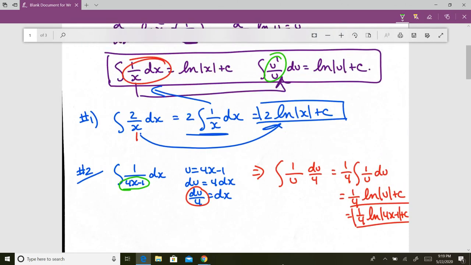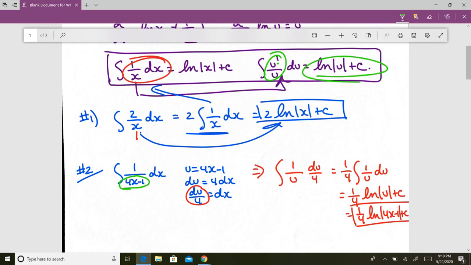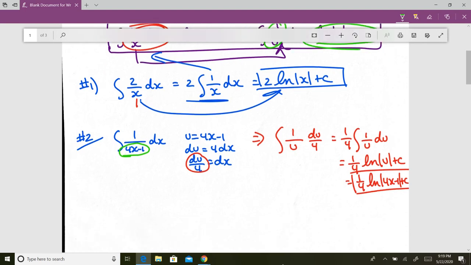It'd be the derivative of the bottom over the bottom, if that makes any sense. So if you see that, you can go right to, it's going to be a natural log function. Now this one doesn't have a 4, but 4 is just a number, it's a constant. So I can make that a 4 as long as I put 1/4 on the outside.